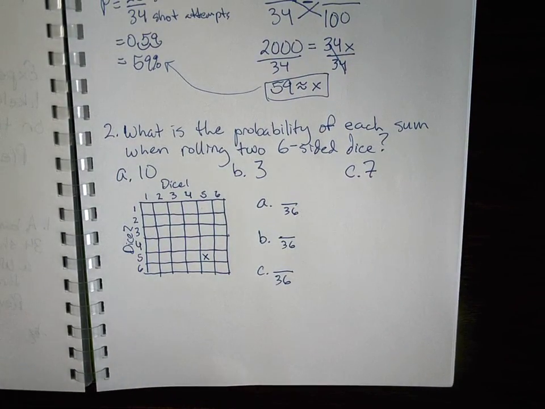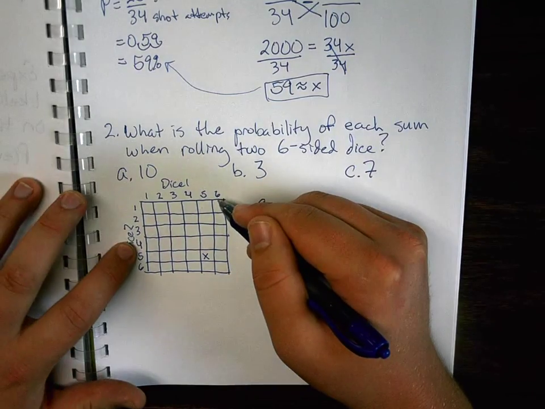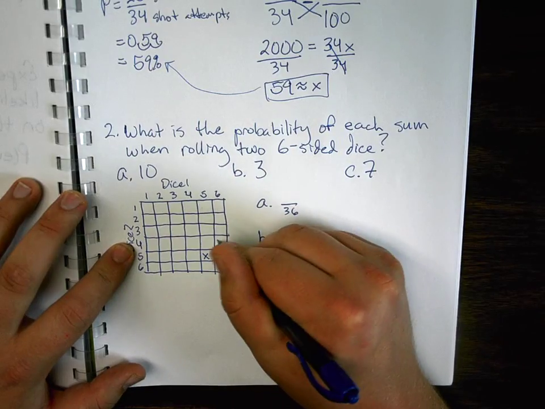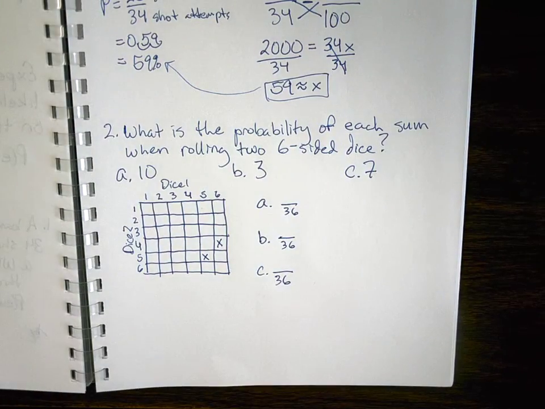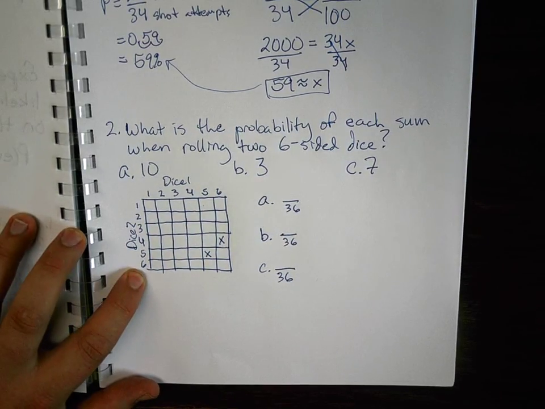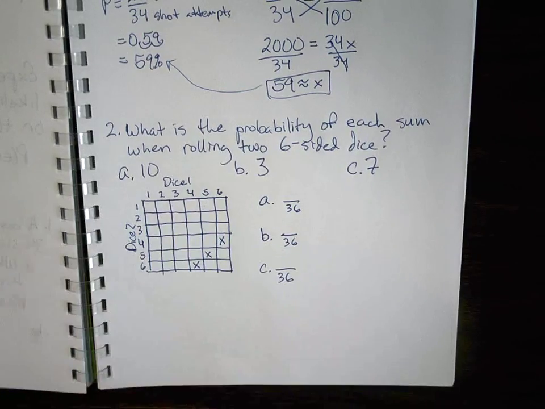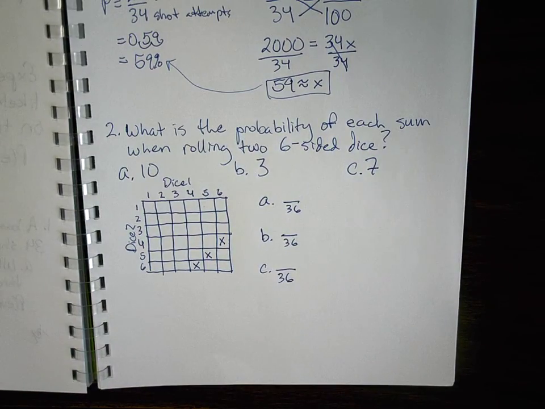And we can also roll a 6 on dice 1 and a 4 on dice 2 and get 10 there. But now you have to consider that you could also do it the opposite way. You could also roll a 6 on dice 2 and a 4 on dice 1. So you have 3 ways when you roll 2 dice to add up to 10. And order matters. Rolling 6 and 4 adds up to 10, sure, but you could roll a 6 on dice 1 and a 4 on dice 2, or you could also roll a 4 on dice 1 and a 6 on dice 2.